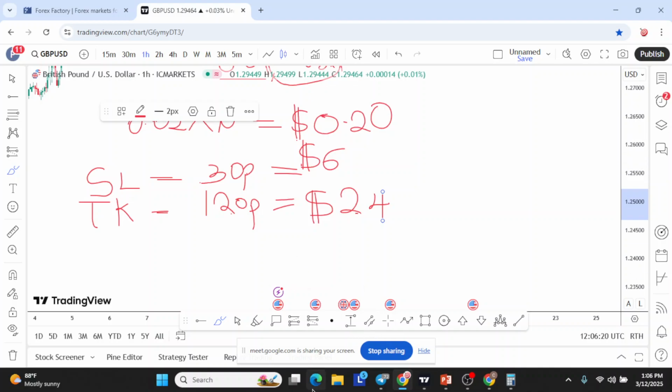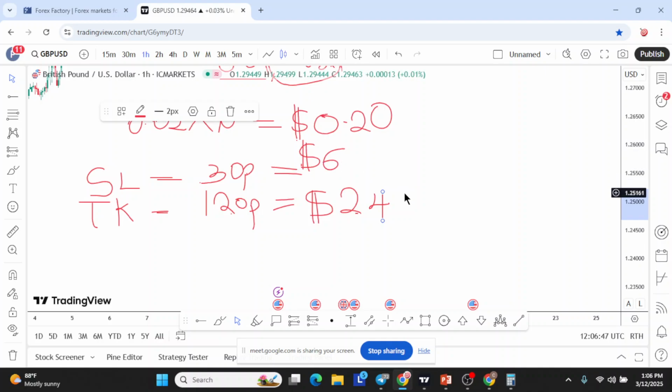So this micro lot size is good for someone who has a small account size. You can see that even when you have a $50 account or $100 account, you can still trade. And if you want to trade multiple times before you eventually blow up that account, then you want to consider trading with a micro lot size.